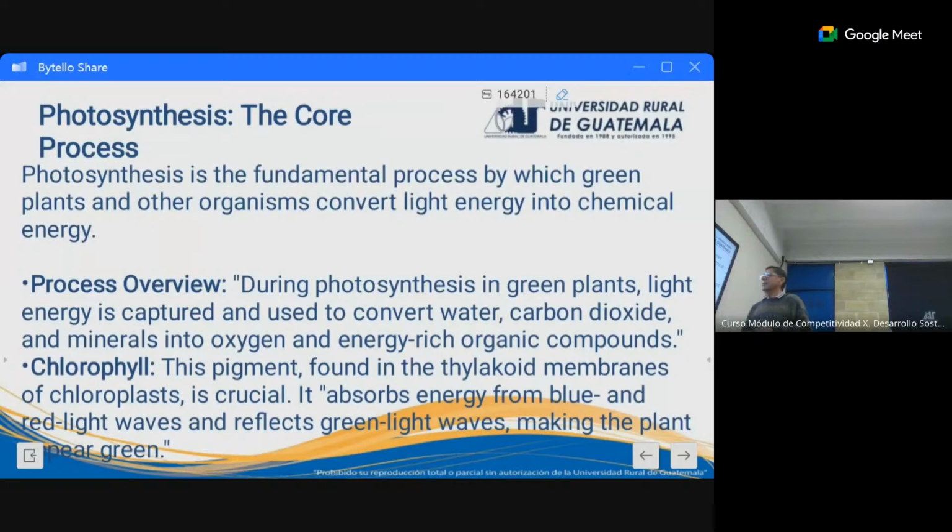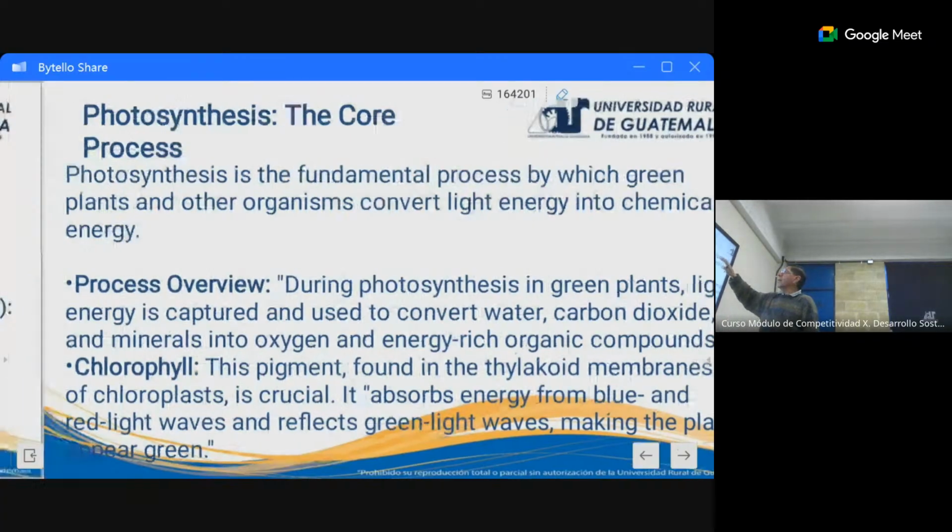It means sugar. And chlorophyll, this pigment found in the thylakoid membranes of chloroplasts, is crucial. It absorbs energy from blue and red light waves and reflects green light waves, making the plant appear green. So this is a summary.